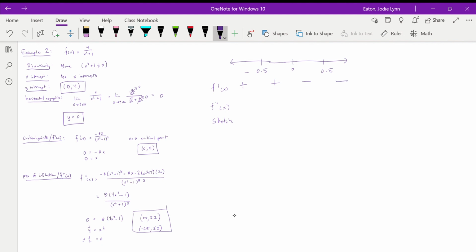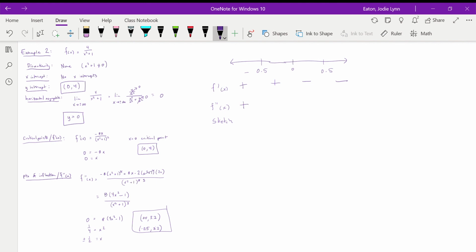F double prime, when we're left of 0.5, our numerator is always going to be positive because we're always doing 4 times a positive minus 1. No, it's not always going to be positive. When we are less than 0.5, we're squaring a number that's bigger, so 4 times that number is going to be bigger, so we are going to stay positive. The denominator will always be positive.